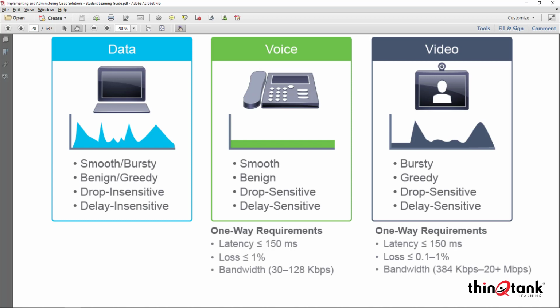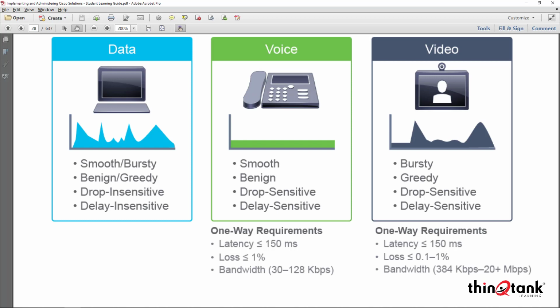So video has all of the same real-time requirements that our audio has, but in this particular case, the video is far less predictable with regard to the size of the actual streams. It can be consistent, right?